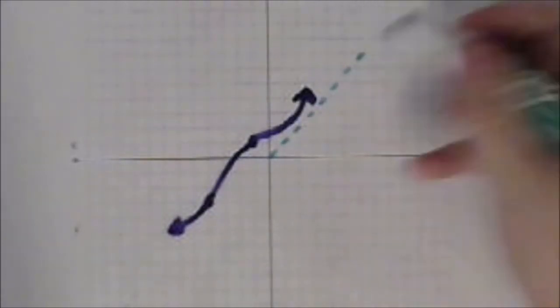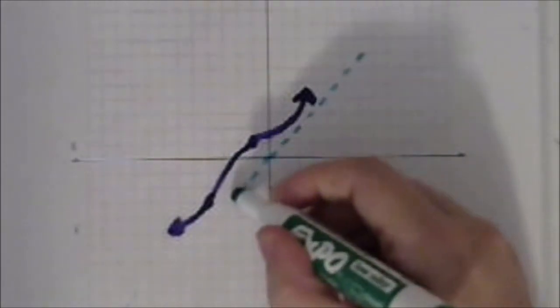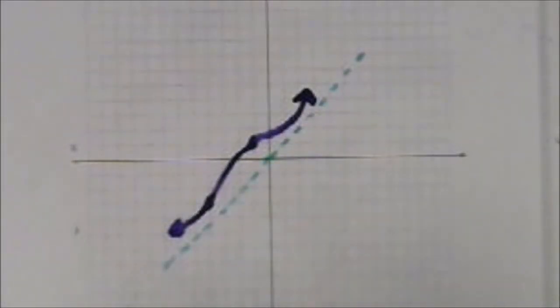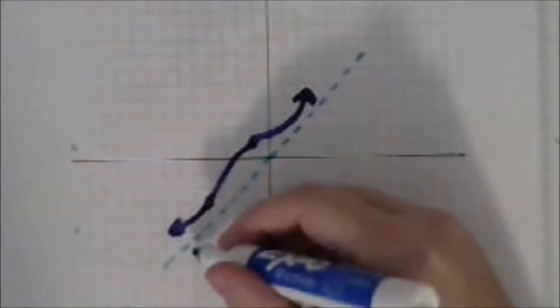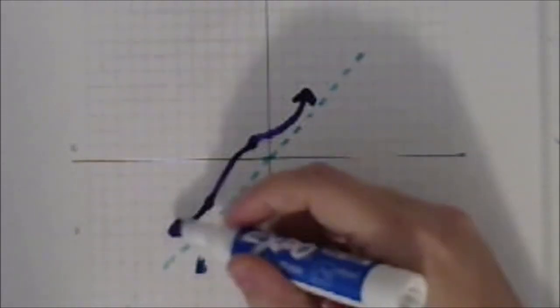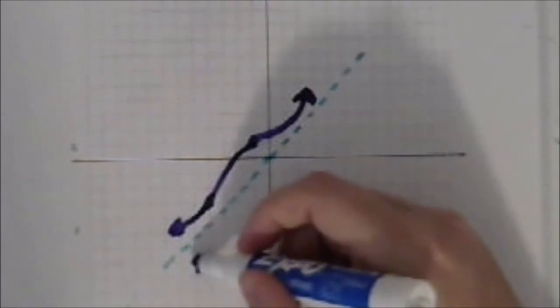I'm going to attempt to draw this inverse just based on the line of reflection. So there's my line of reflection. And to reflect over a line, you need to be equidistant on both sides. So I'm going to start with this arrow being the same distance below the line as it is across it.